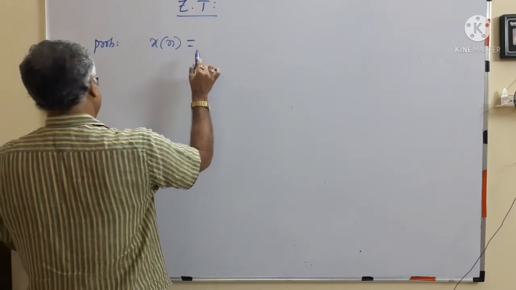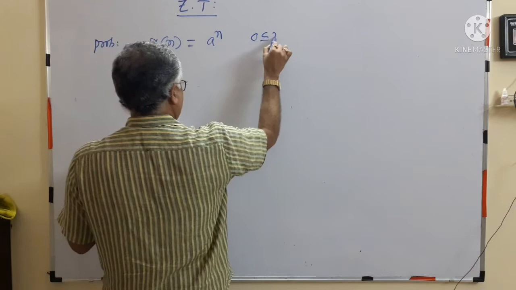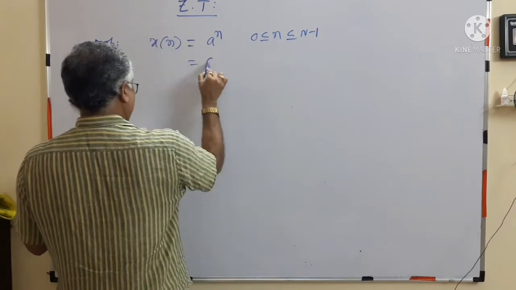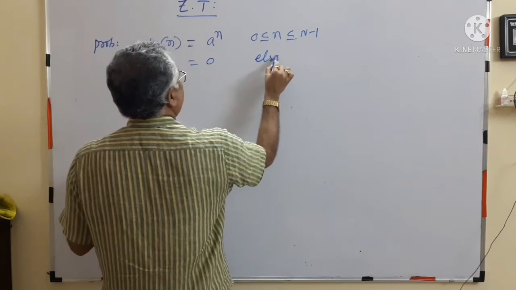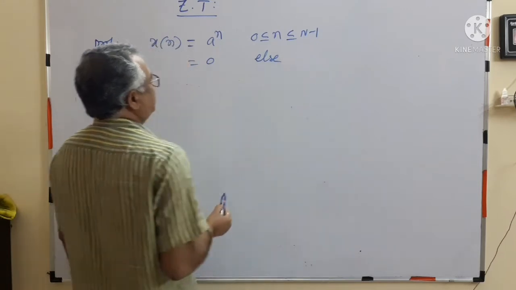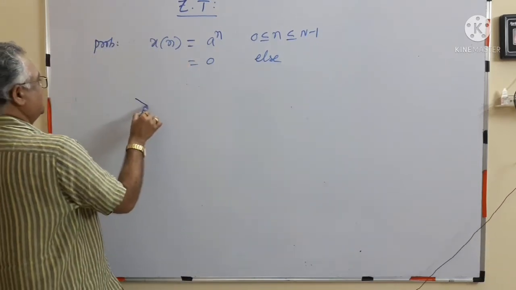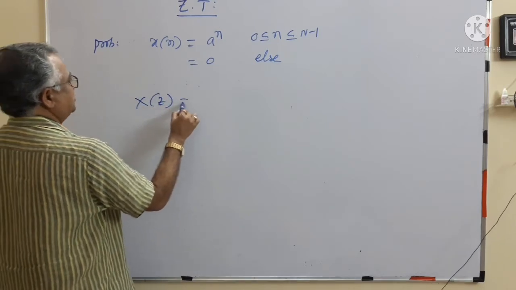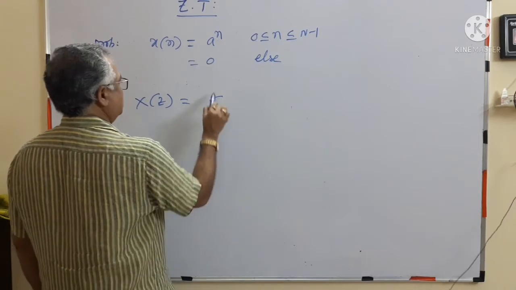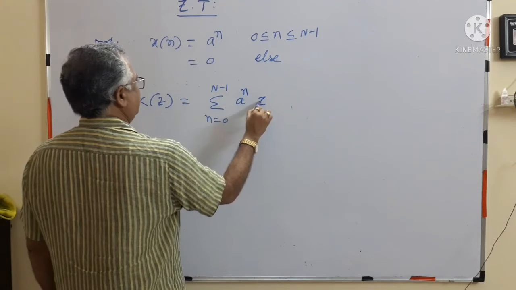Another problem, x of n is a power n, equal to 0 elsewhere. So this sequence is present from 0 to n minus 1, a finite duration sequence. Now x of z is sum for n equal to 0 to n minus 1 of a power n, z power minus n.